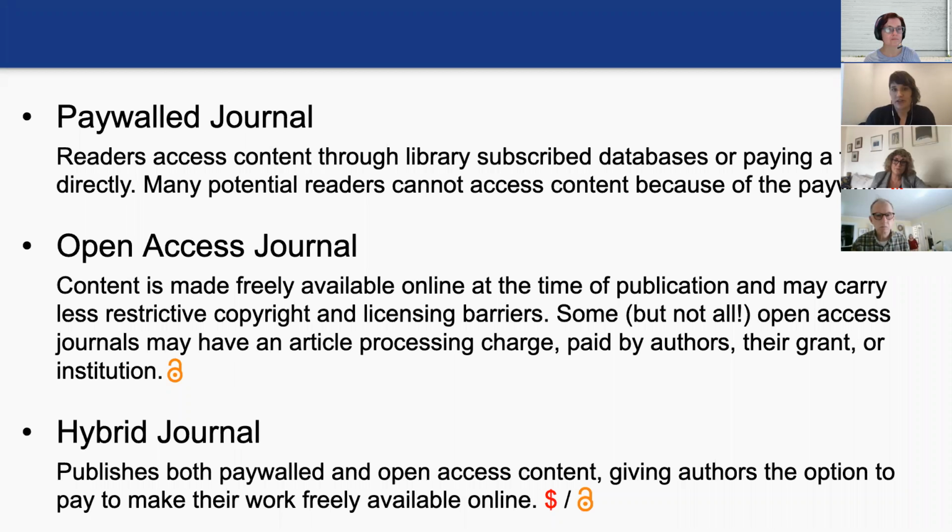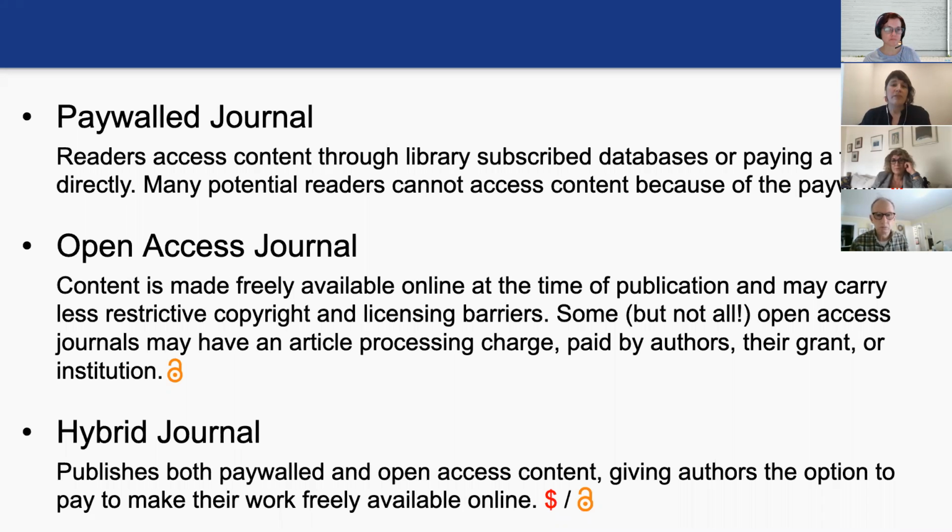Some open access journals, especially those from large legacy commercial publishers, will charge what's called an article processing charge, right? An APC. And this can range from $200 to upwards of $5,000. So it can be really unattainable for a lot of researchers. Some authors pay this out of their own pocket, but more often it's paid for by a grant or their institution.